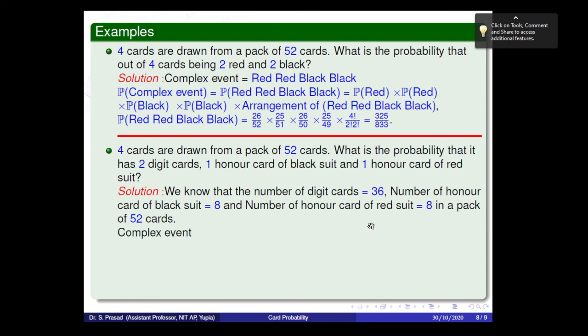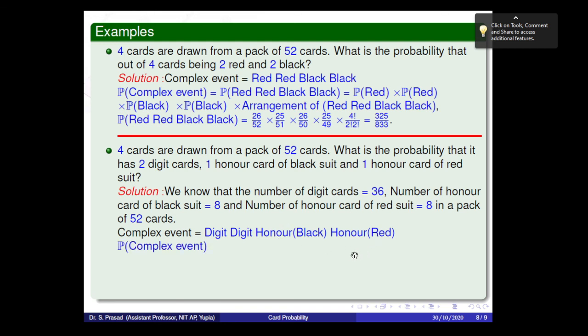Then we write the complex event first. The complex event is what? Here it is the two digit cards. So first we write the digit cards, and now the first is one honor card of black, so we write the honor of black cards, and now one honor card of the red, honor of red cards, and now four cards are drawn, filled up by two digit, honor of black, honor of red.